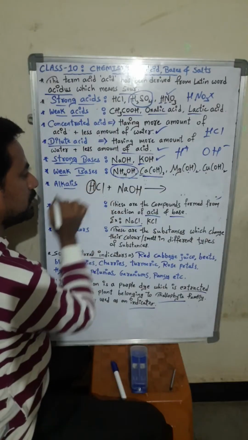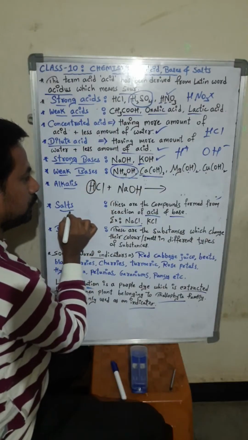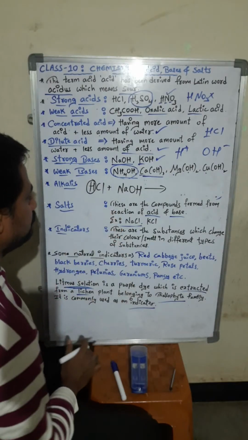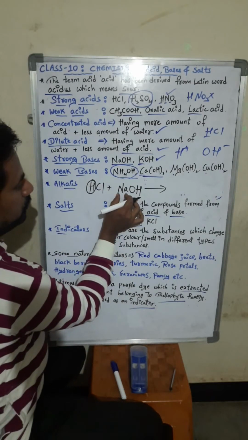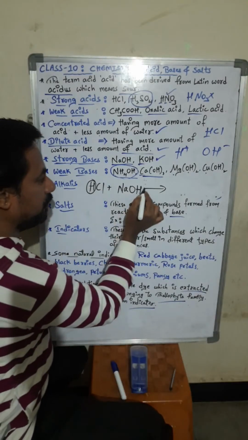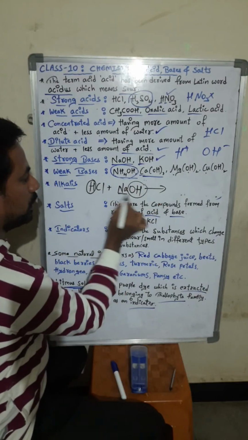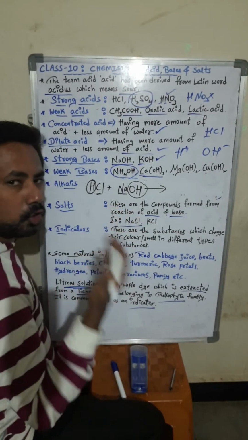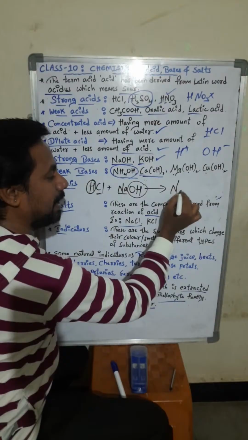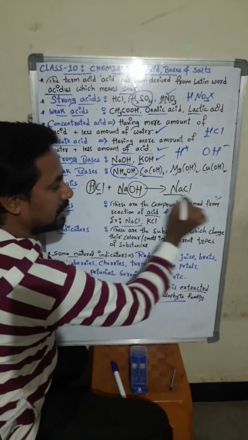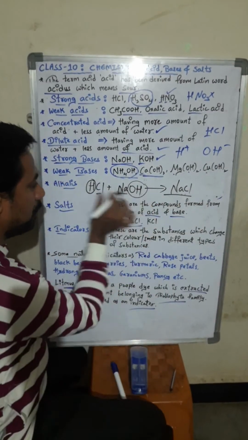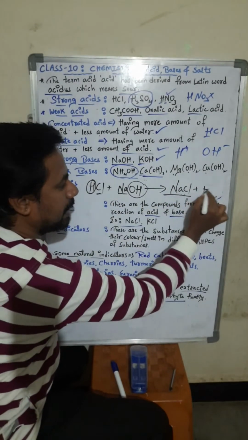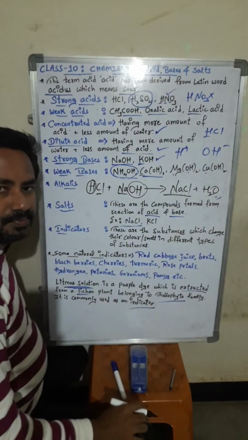This hydrogen will combine with OH, and this sodium will combine with chlorine. What happens, students? NaCl, salt, is formed, and some amount of water, H2O. Simple.